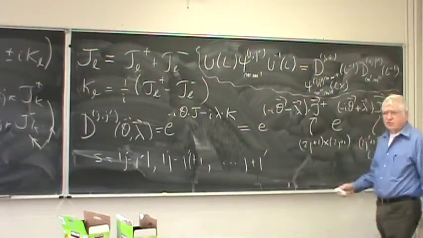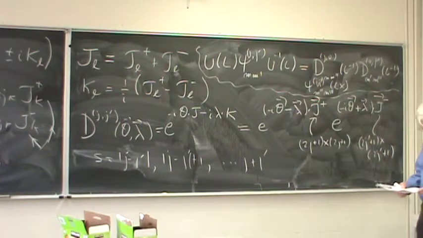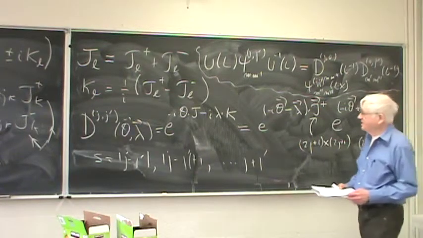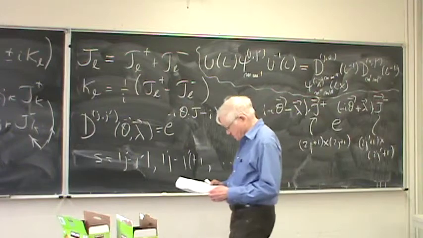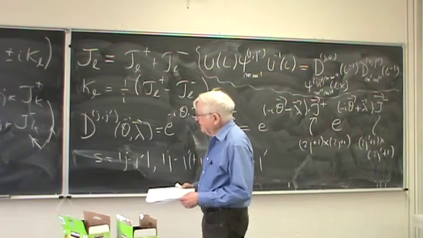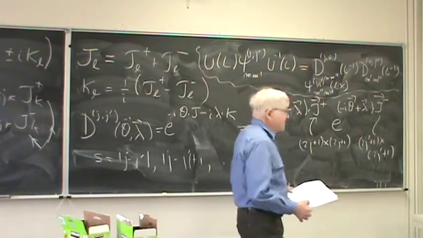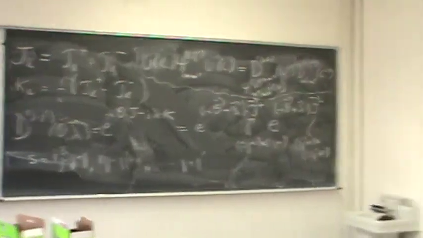That's the standard rules we learn in quantum mechanics for the addition of angular momentum. The simplest case is when j is 1/2 and j prime is 0. And that's basically the left-handed case.